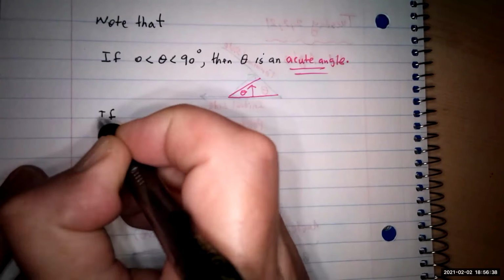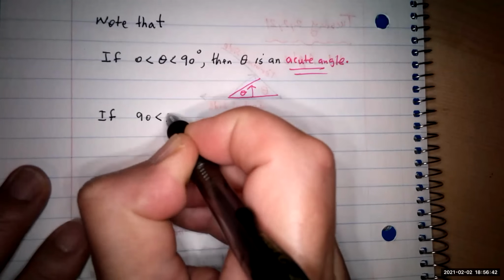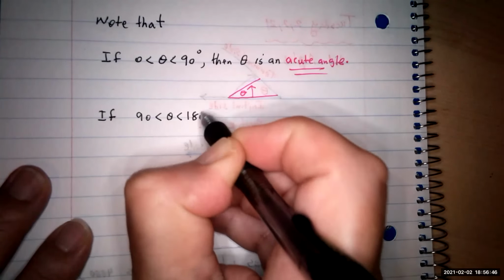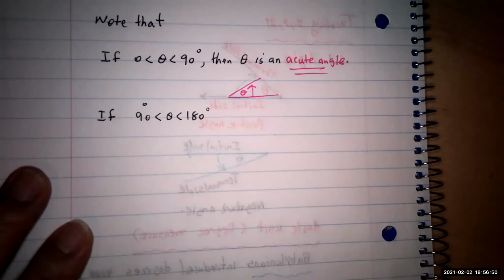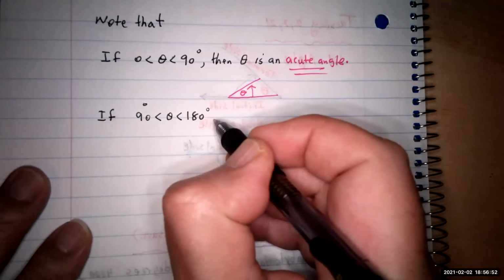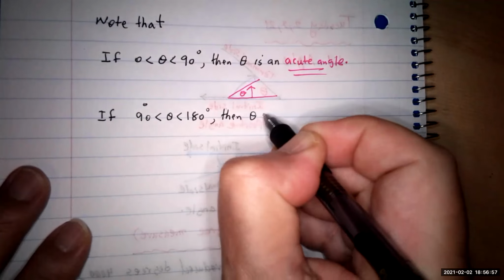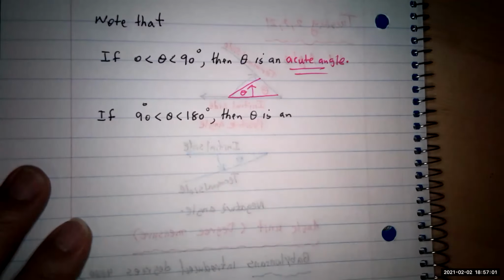If it's going to be greater than 90, so it's going to be between 90 degrees and 180 degrees, okay, if this is going to be the case, we refer to it as an obtuse angle. Then theta is going to be an obtuse angle.